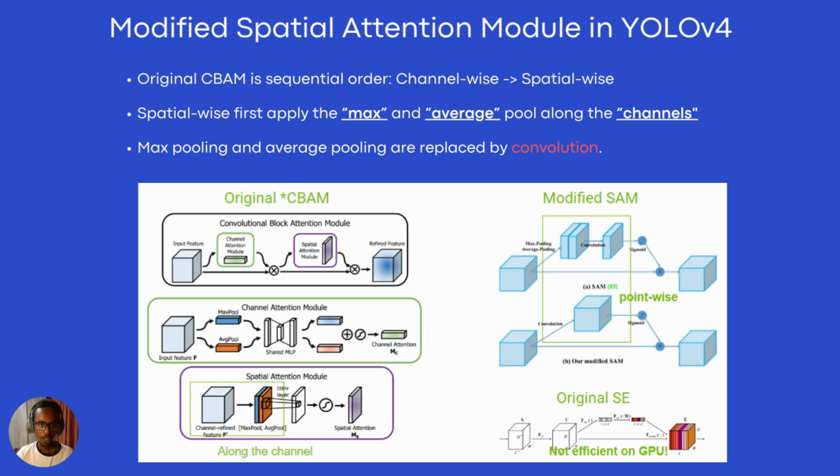But they decided that they do not want to use the pooling operation, and they replaced it by using a convolution operation, as we can see on the image from the right side. After performing the convolution operation, they pass the output to a sigmoid function and then multiply it with the input feature map.